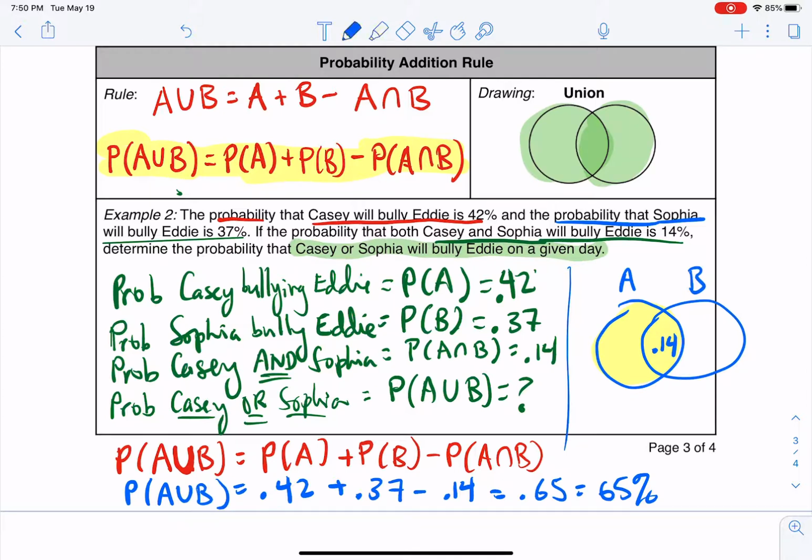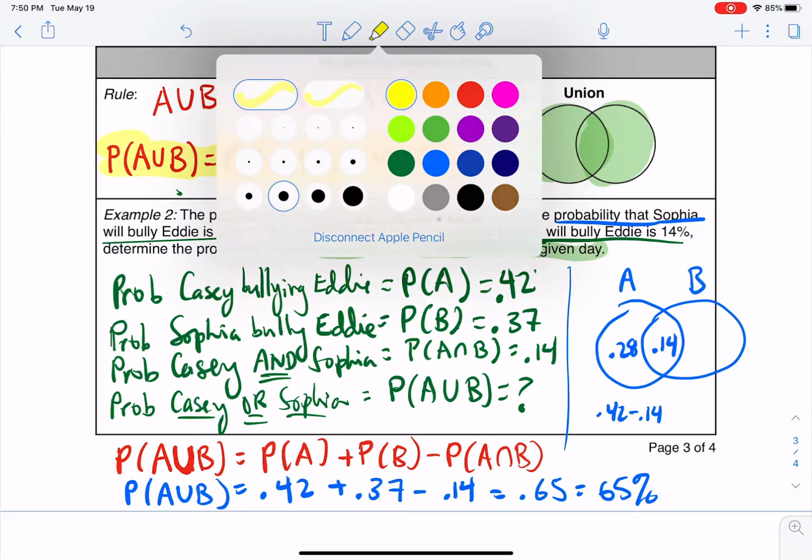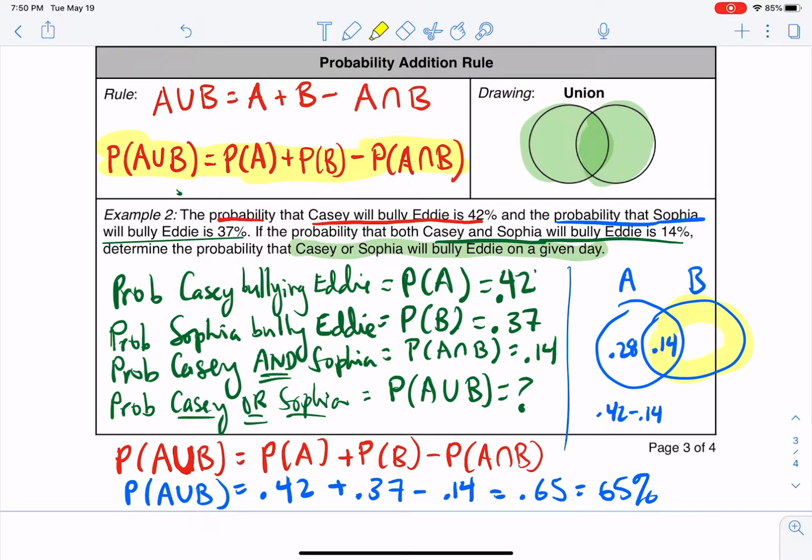So I would just do 0.42 minus 0.14, and that is 0.28. And now for probability of B, which is here, I know that altogether the probability of B happening is 37%, or 0.37. I'll subtract 0.14 from that, and that's 0.23.